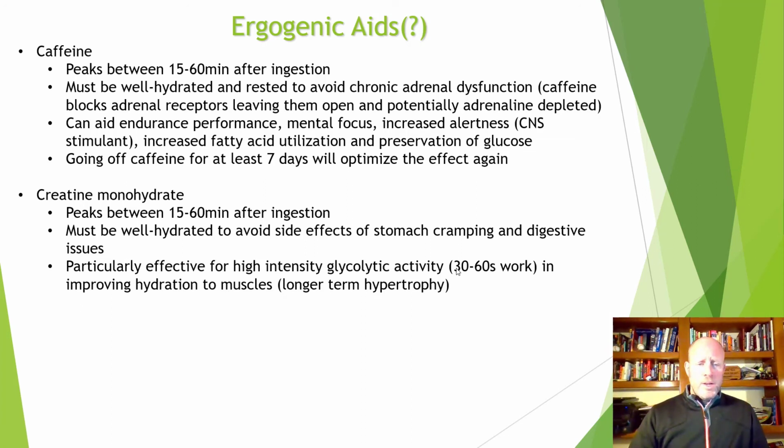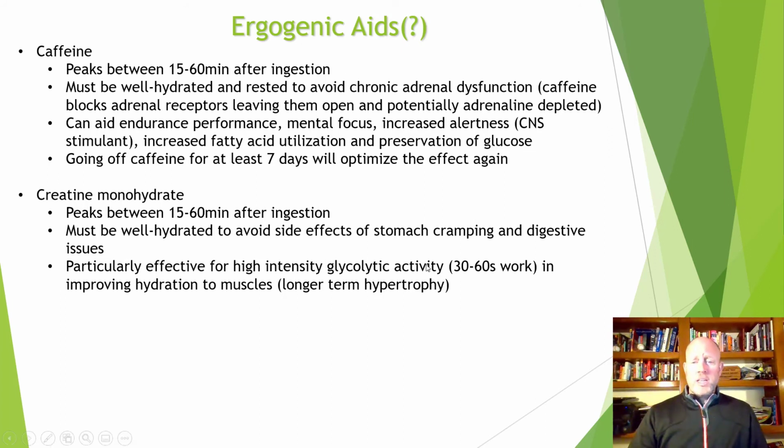It's particularly effective for high-intensity glycolytic activity. Some have actually said it helps with creatine phosphate. Well, creatine phosphate gives you energy for the first few seconds. Creatine monohydrate is not the most effective for work that is performed in the first several seconds. It's more like 20 seconds, 30 seconds, 40 seconds, up to 60 seconds.